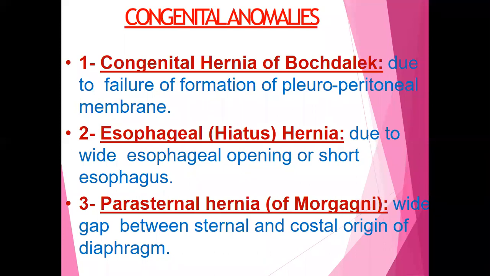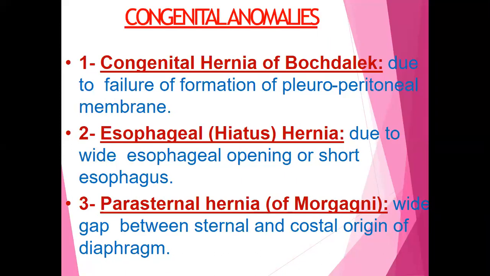Then we have esophageal hiatus hernia due to the wide esophageal opening or short esophagus. As the esophagus passes through the diaphragm, if the opening is large, definitely when there is increased intra-abdominal pressure, it will push the portion of the esophagus which normally lies in the abdomen up to the thorax, and thus the patient may face heartburn and these problems.